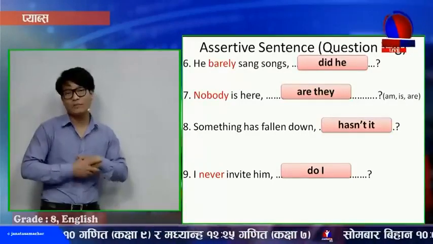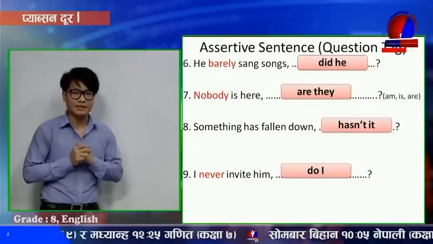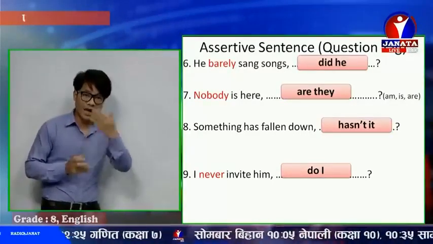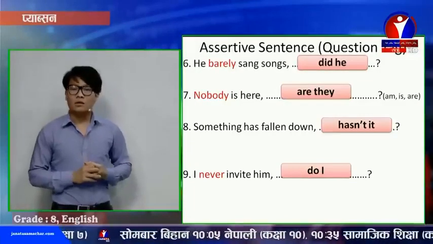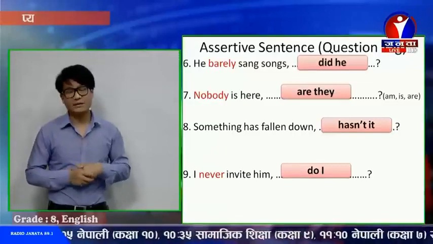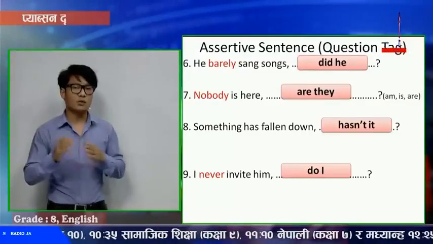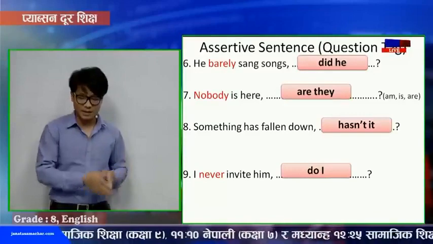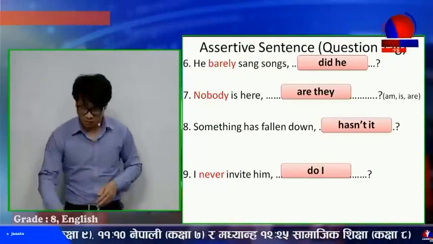Now it's time to start imperative sentences. I had told you that a sentence which starts with the main verb 1 and ends with a full stop is an imperative sentence, which is used to command, order, request. Now let's make its question tag.